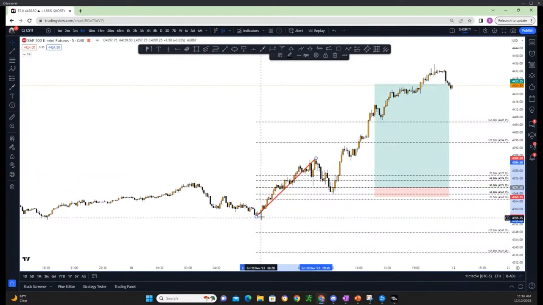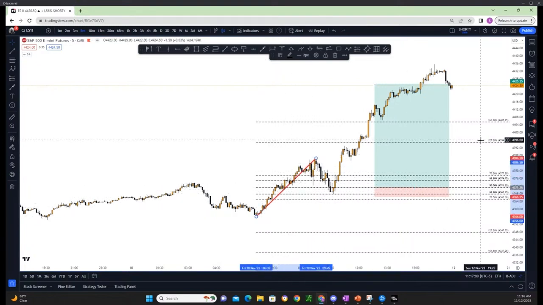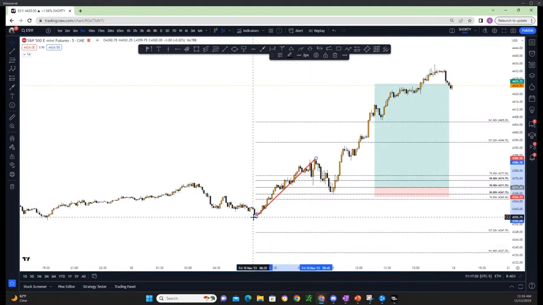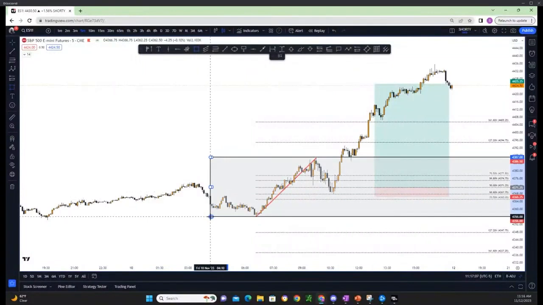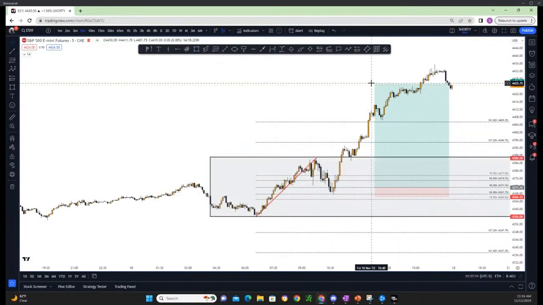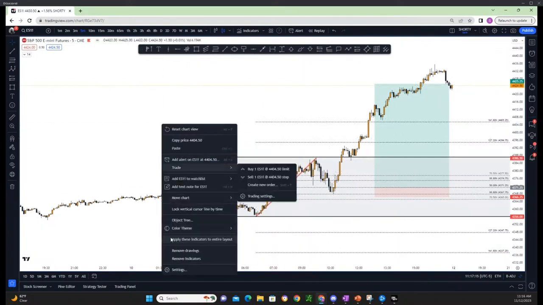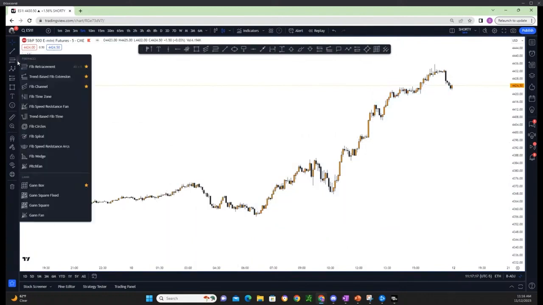We want to know if we replicate this move, that would be 100%, correct? But we want to know where's the 127% from here to here. So from here to here, we want to now find this length plus another 27%. Does that make sense?